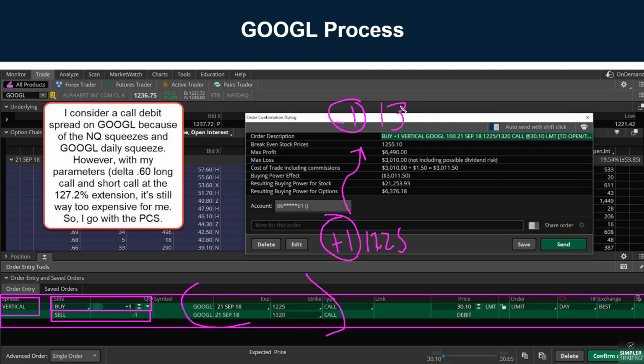So really the only difference from buying a long call versus buying a debit spread is that if you just bought the long call, this would be what you bought, right? Let's say you bought the long 12.25. This is pre-split prices, obviously.